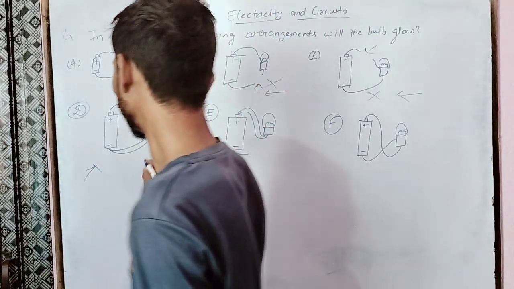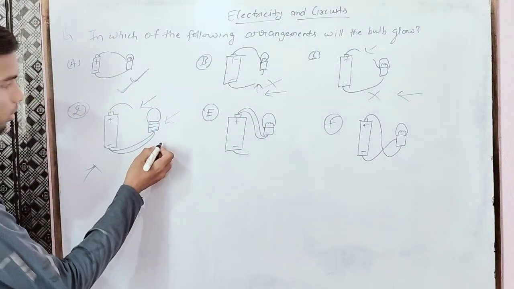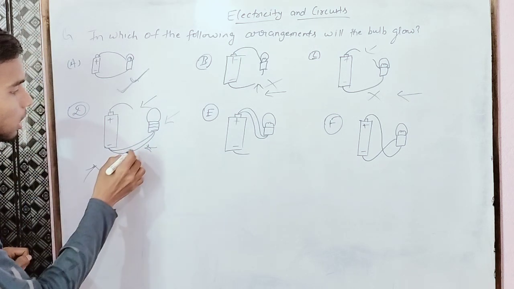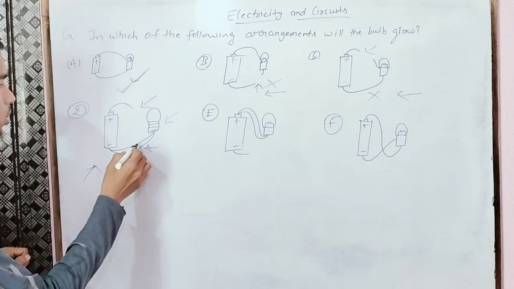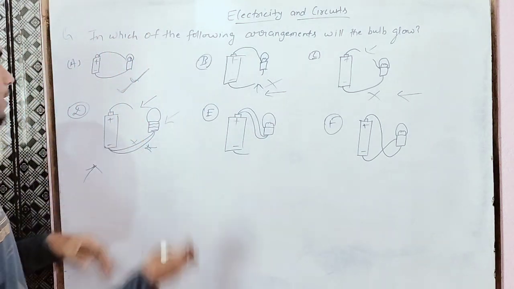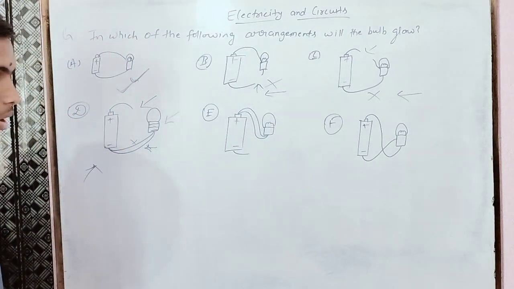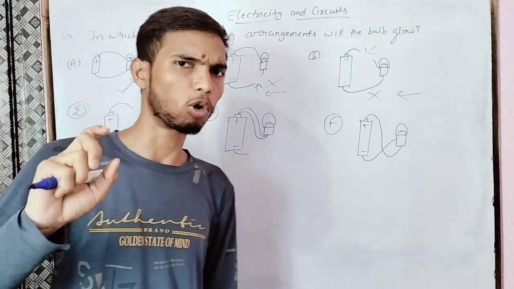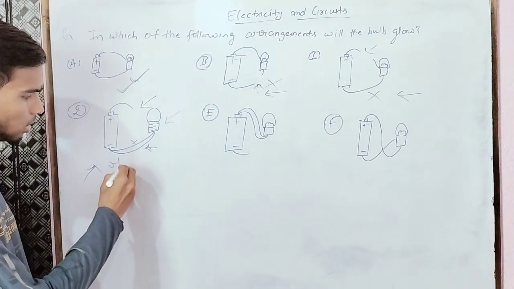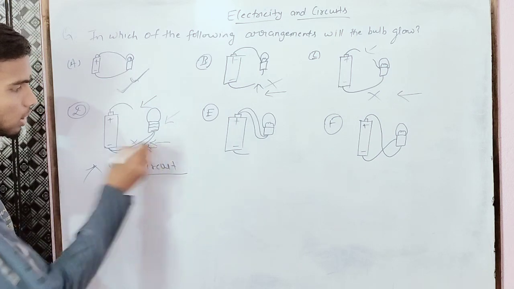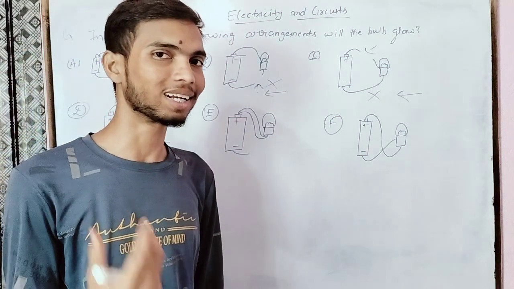Only one wire. The requirement here is one wire, not two. So this is also an incorrect arrangement, and here this wire is not connected to this electric bulb. So this is an open circuit, and we can say the arrangement of these wires is incorrect.